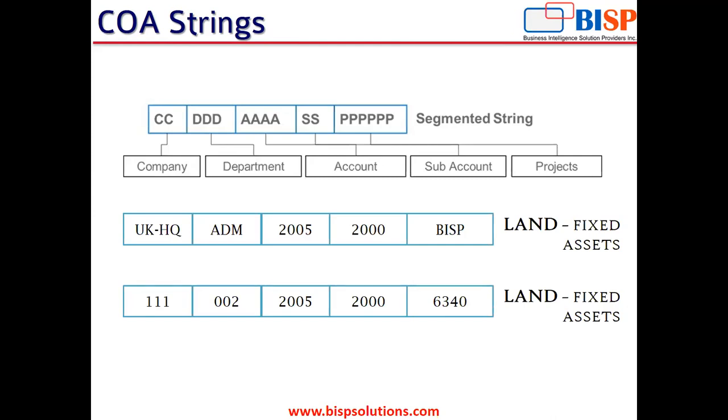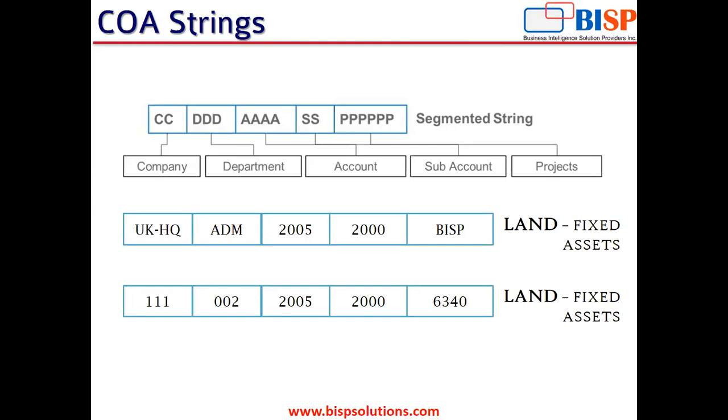As you can see here, I have an example where my land, which is a type of fixed asset, when it comes into my chart of accounts, is segmented into five chart fields or segments.